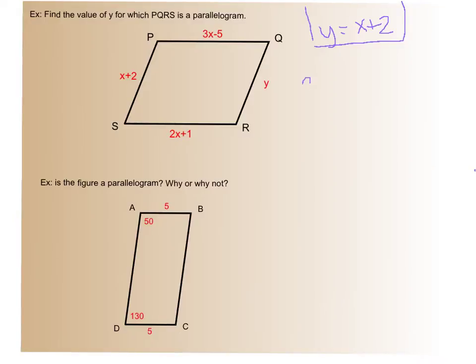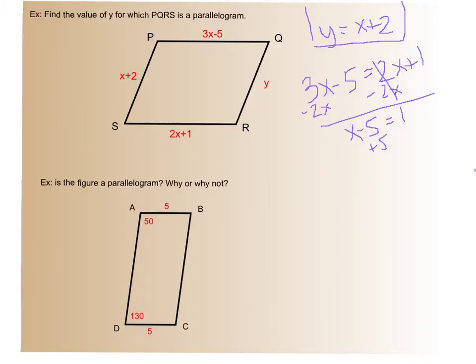And we're going to set up 3x minus 5 equals 2x plus 1. I'm going to move my 2x, move my 2x. I get x minus 5 equals 1. Add my 5. X equals 6.